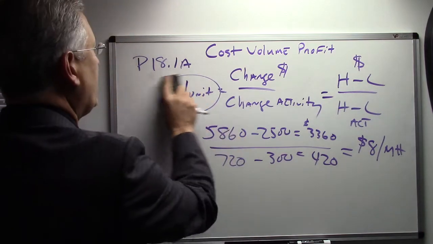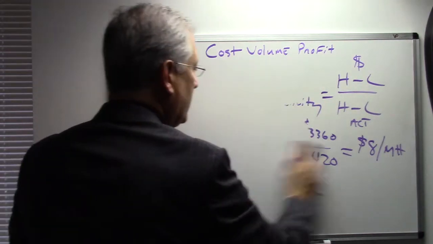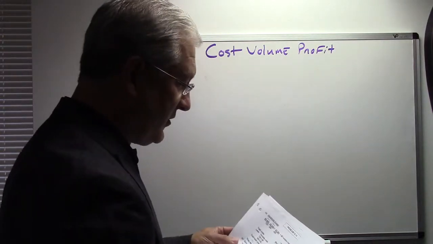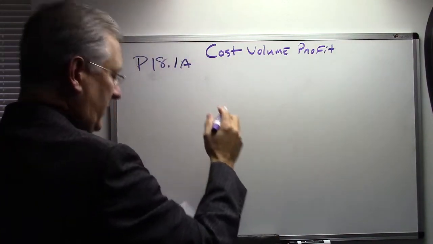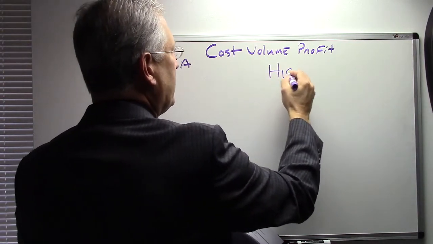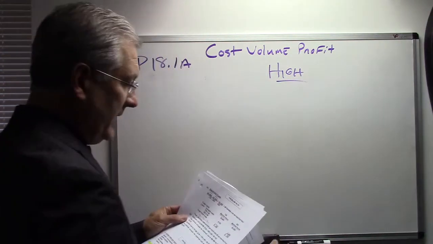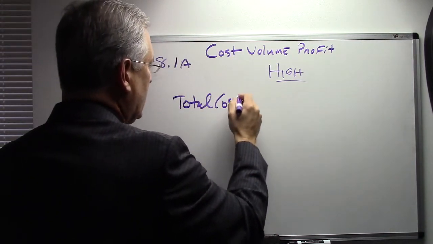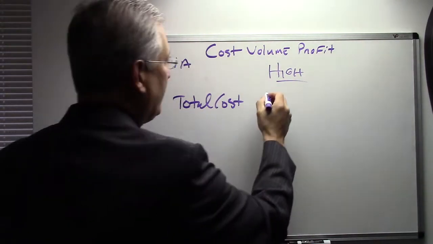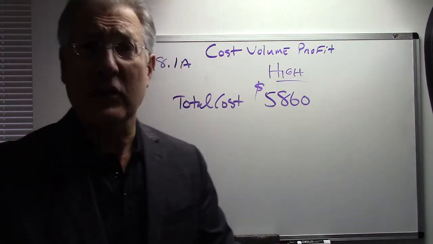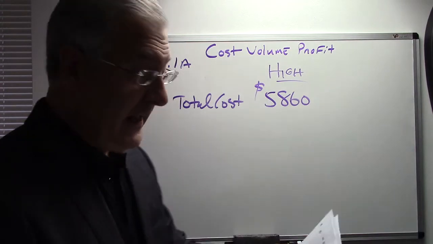So the next step we want to do is isolate the fixed cost. We can look at just a high level. So we'll go to high, and they have a total cost at the high level of $5,860. So that's the total cost. That includes both the variable and the fixed.